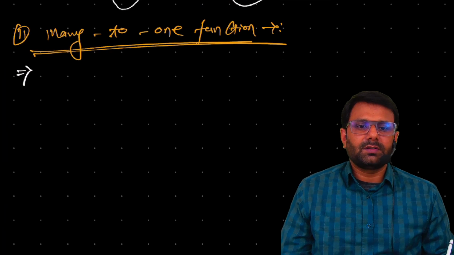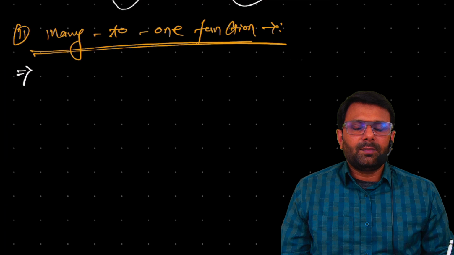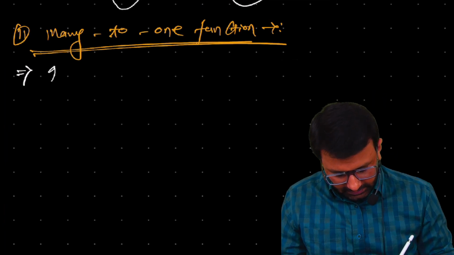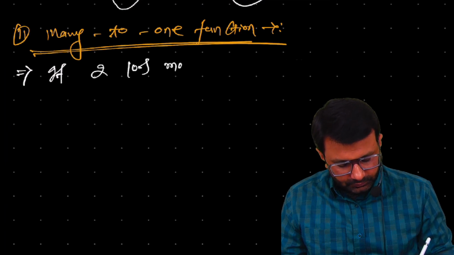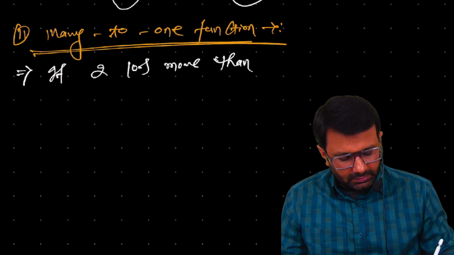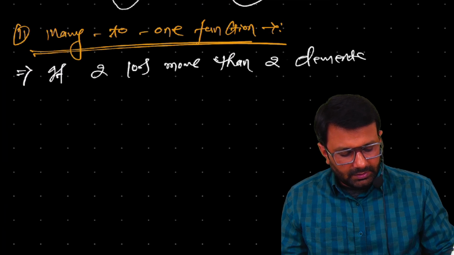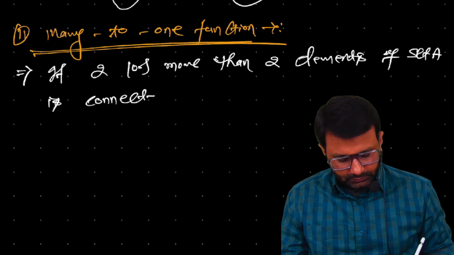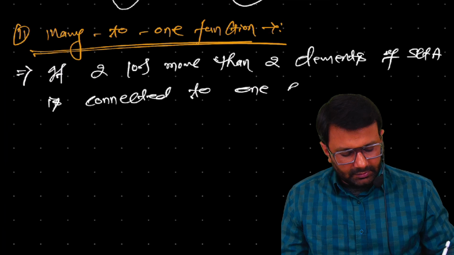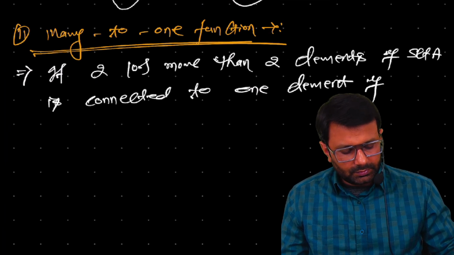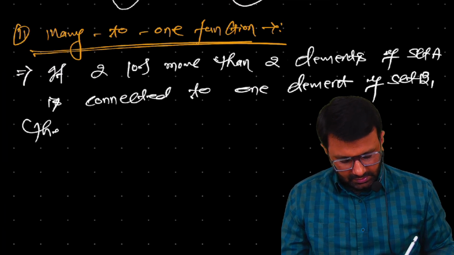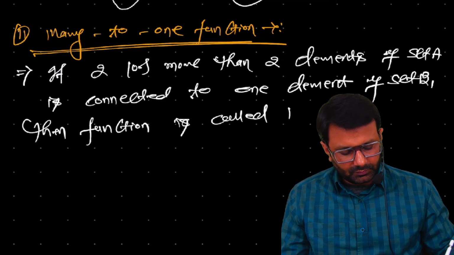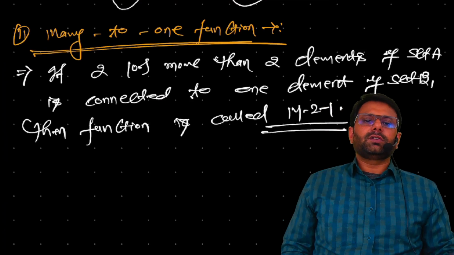If one or more than one element of A is connected to only one element of B, so you can write here: if two or more than two elements of set A are connected to one element of set B, then the function is called many to one function.